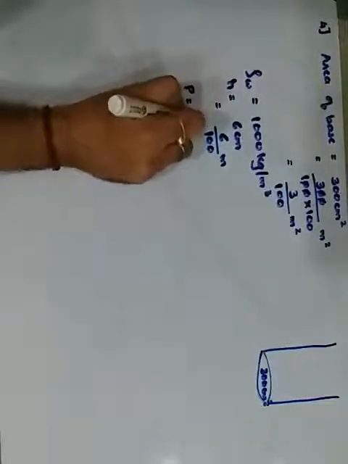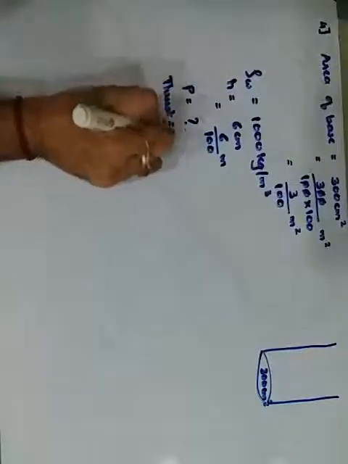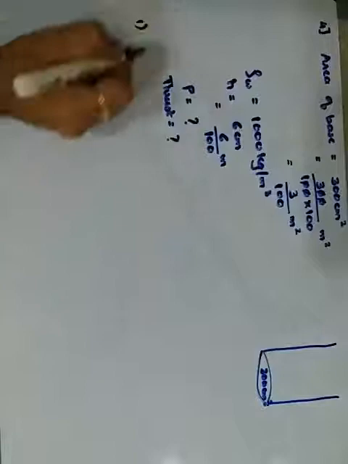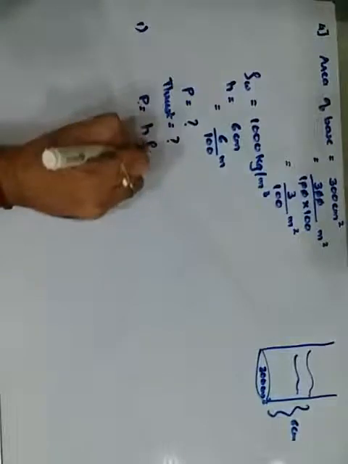Keep it as it is. Now what we require is the pressure and the thrust, the force. The first part I go for is the pressure. As it is related to the depth of the water, that is up to 6 centimeter, I use the formula h into rho into g.